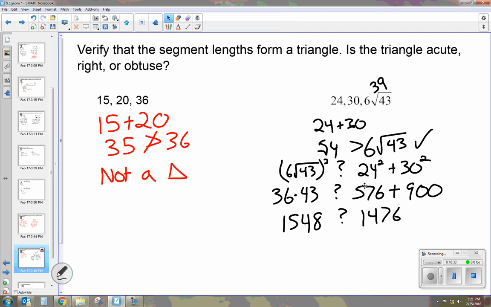We know that 1,548 is greater than 1,476, and so this triangle is obtuse.